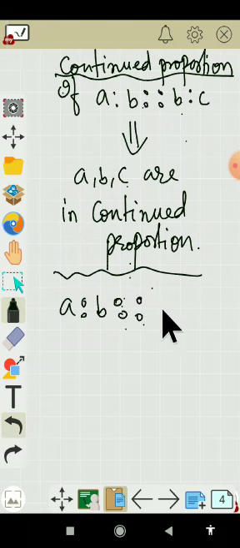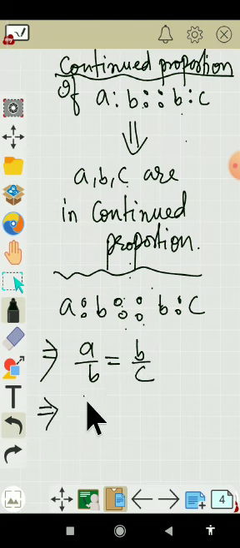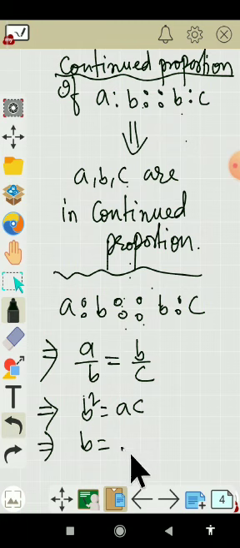Now if it is given that A, B, C are in continued proportion, we can write A is to B equal to B is to C, and this is possible to write as A by B equal to B by C. From this we can write B square equal to A into C, where B will be under root AC.